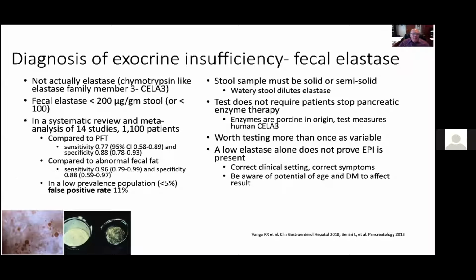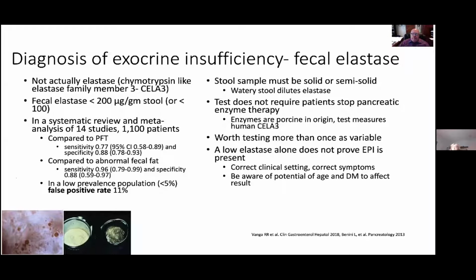And there have been a number of studies on this, and one systematic review and meta-analysis done relatively recently noted a fairly good sensitivity and specificity of the test, but the problem is, in a low prevalence population like we're dealing with, it still translates into a significant false positive rate. That is, lots of patients have low fecal elastase who do not have true exocrine pancreatic insufficiency.